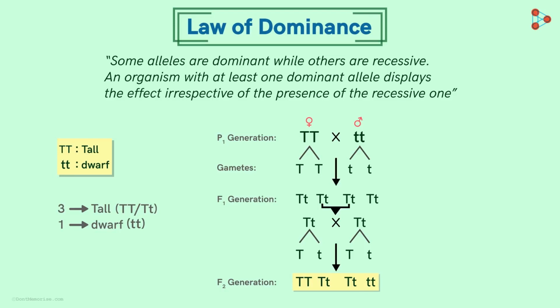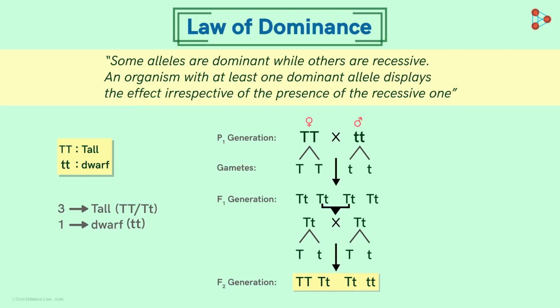So can we relate these results with our law of dominance? There are 2 types of alleles, one dominant and one recessive. This is what the first part says. And the second part says that at least one dominant allele displays the effect irrespective of the presence of the recessive one.